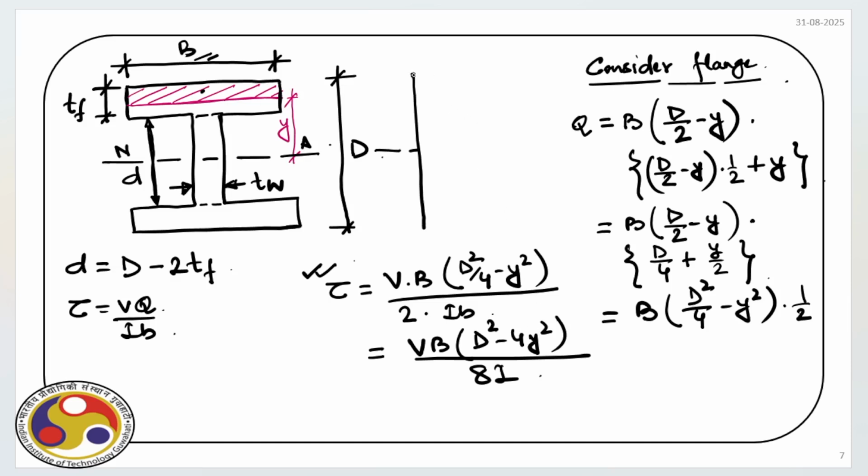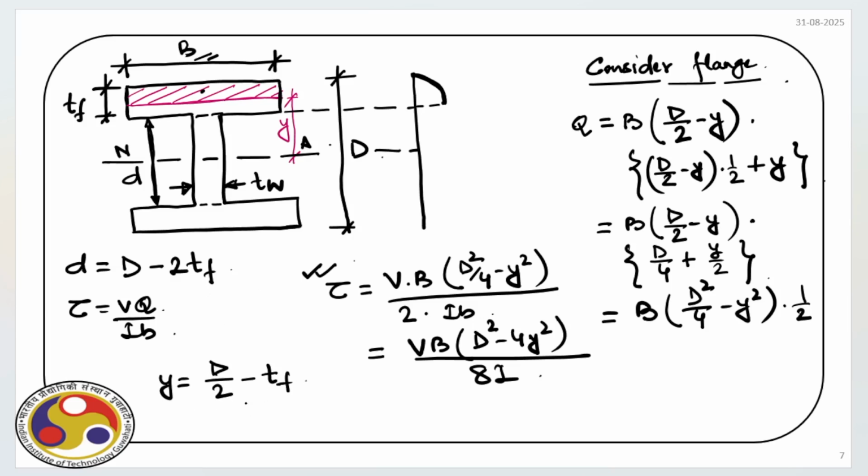So we have quadratic variation up to the level which is here at the bottom of the flange. Now at the bottom of the flange, what is y? Y is equal to D by 2 minus TF, right?